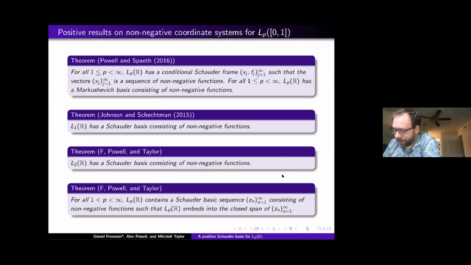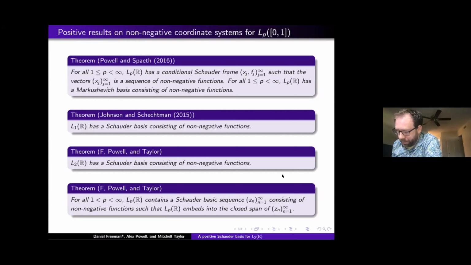And we have that LP always has a conditional Schauder frame so that the vectors are non-negative. And also LP has a Markushevich basis where all the vectors are non-negative. And so if we get rid of unconditionality, we have these results.